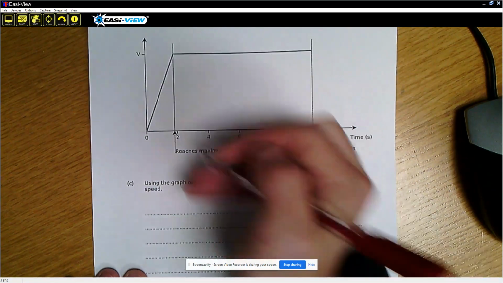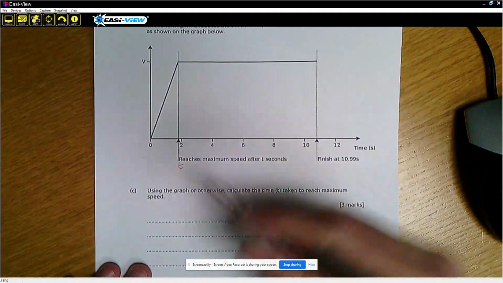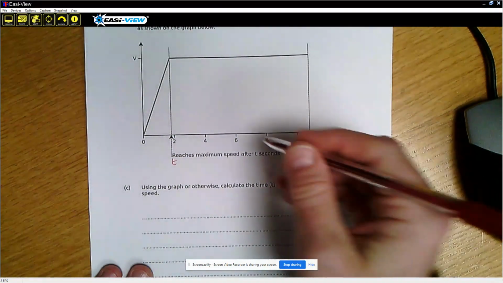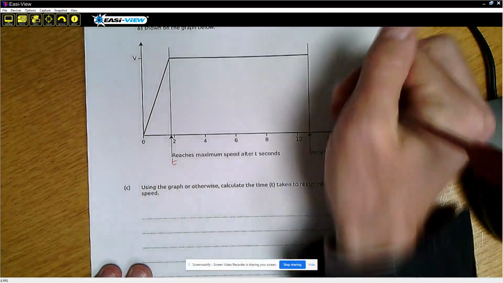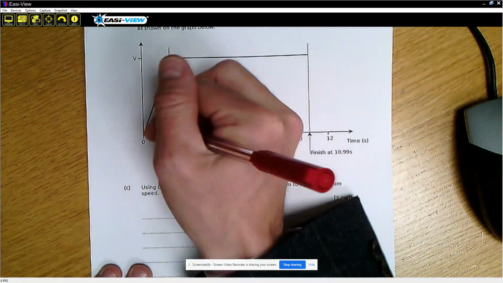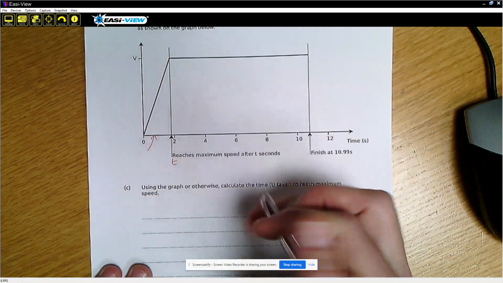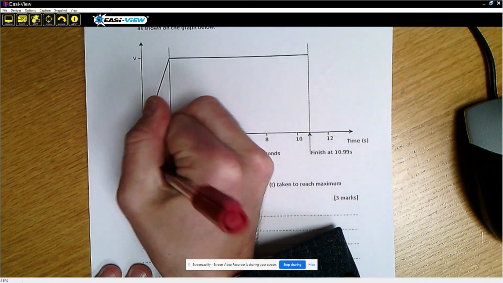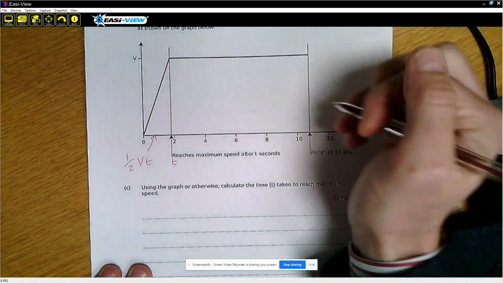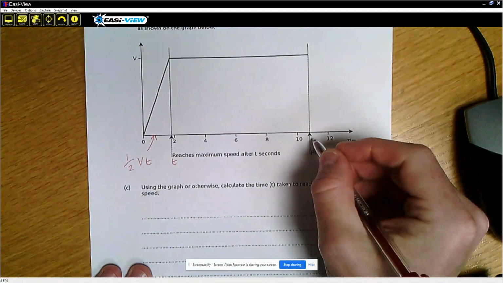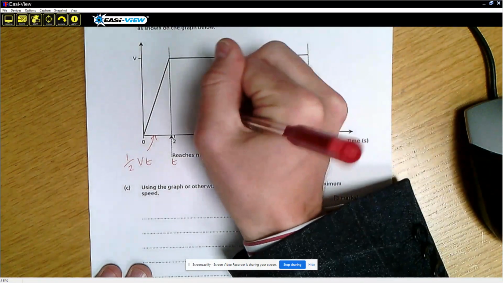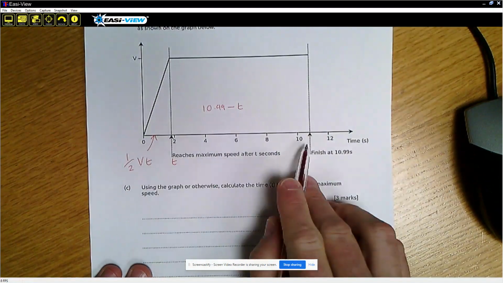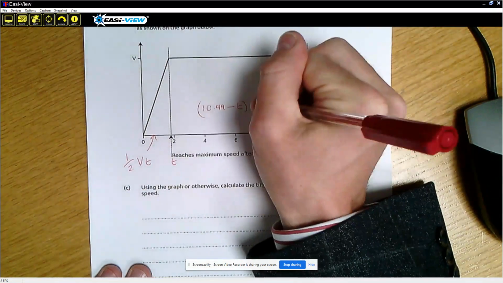We have here, this is t, but this time we've got a little bit more work to do to get the values. So we know that the distance traveled is still 100 meters. This area can be expressed as 1/2 of v times t, and this area is 10.99 seconds, take away t, however long it took to get this value, all multiplied by v.